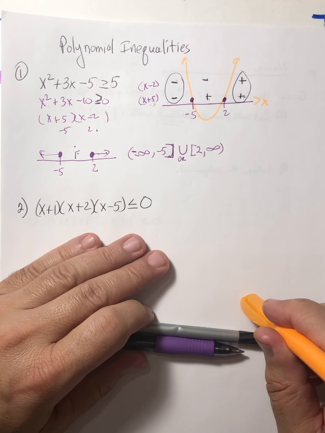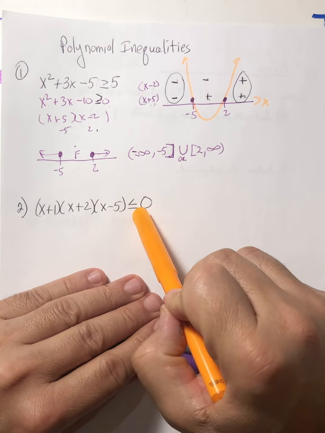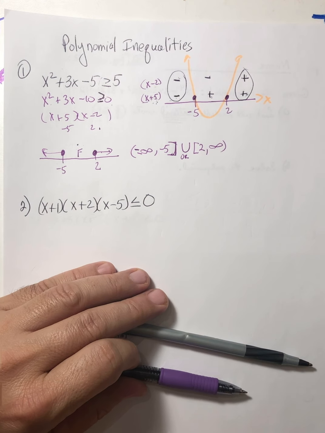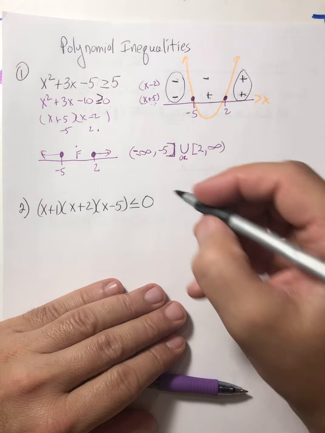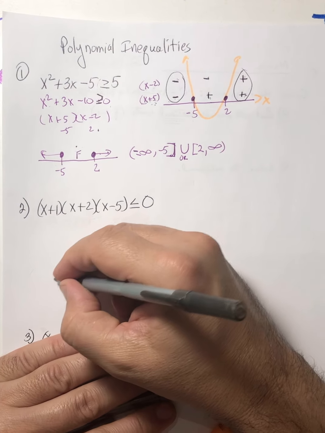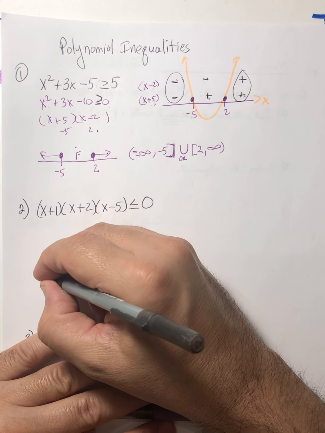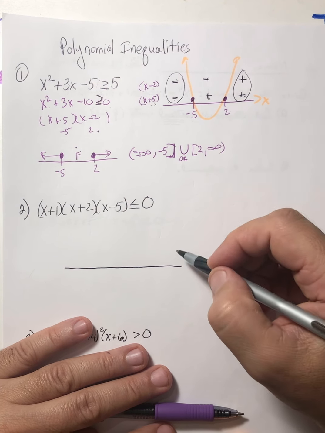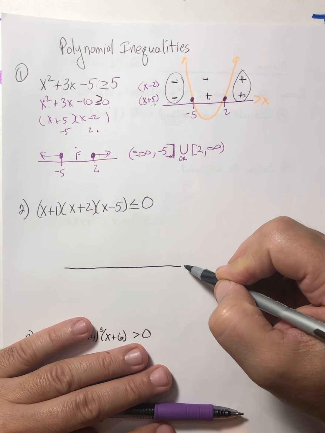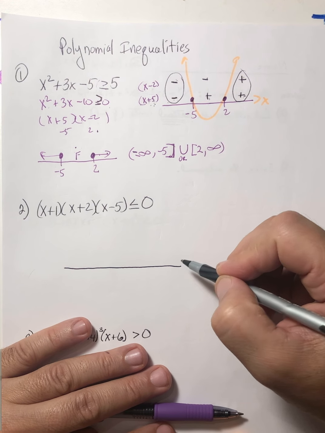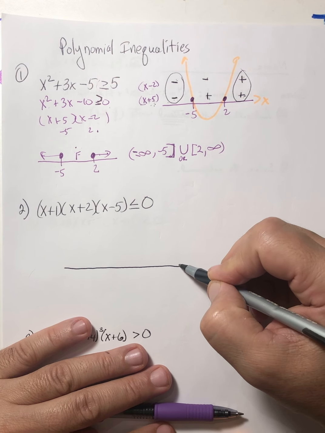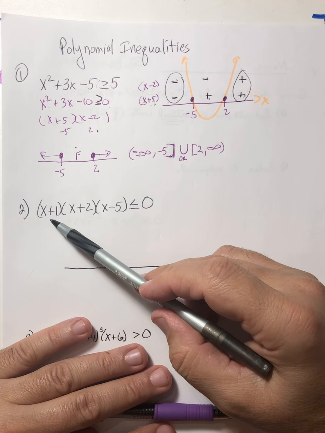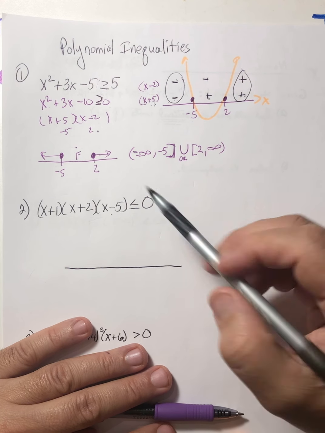Okay? All right, let's look at this one. So I'm going to start by doing my number line. Okay, and on the number line, I have to put in my roots, my critical points. Now, my suggestion to you is write down these numbers somewhere.